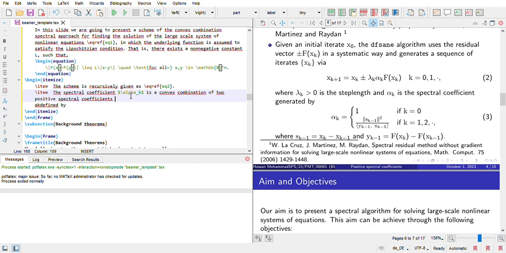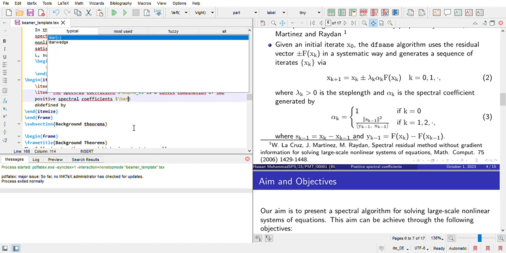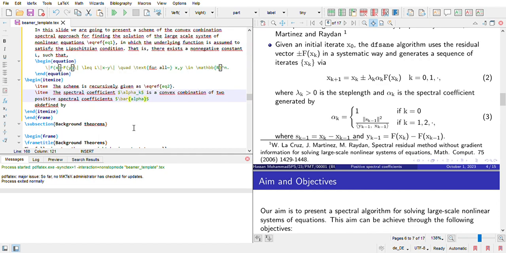The two positive spectral coefficients, I think the first one is alpha bar, and the other one is alpha tilde. So maybe we can just start with bar alpha.